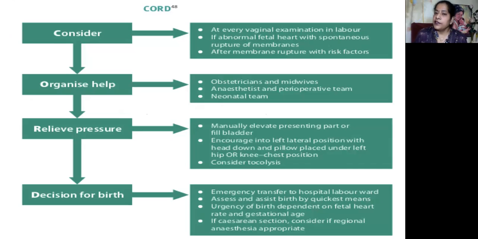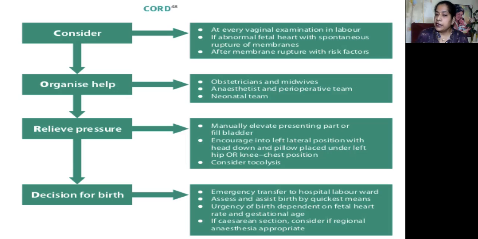Consider cord prolapse at every vaginal examination, if there is spontaneous rupture of membranes, if there is abnormal fetal heart rate with rupture of membranes, and after membrane rupture. Organize help: call for other obstetricians and midwives, anesthetists, a perioperative team, and a neonatal team. Relieve pressure.